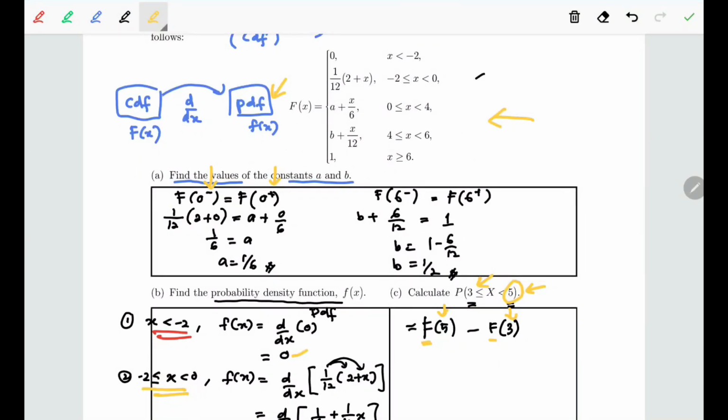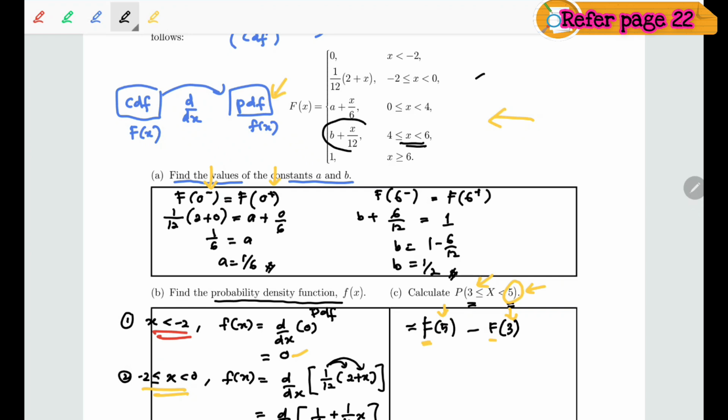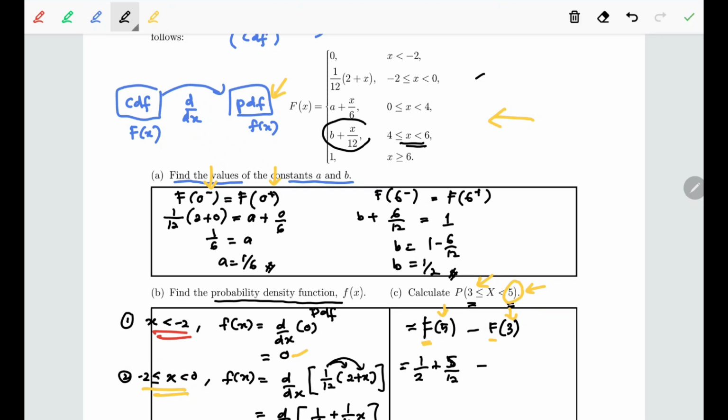So we're going to substitute 5. Check where the 5 is. 5 is in between 4 and 6, so we're going to substitute here. So F(5) should be, b is 1 over 2, plus x over 12 with x being 5, so 5 over 12, minus F(3). For F(3), we have to check where it is. F(3) should be here, in between 0 and 4.